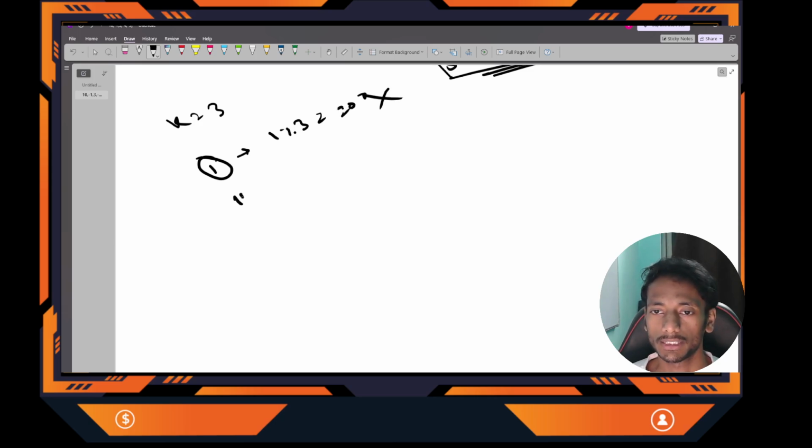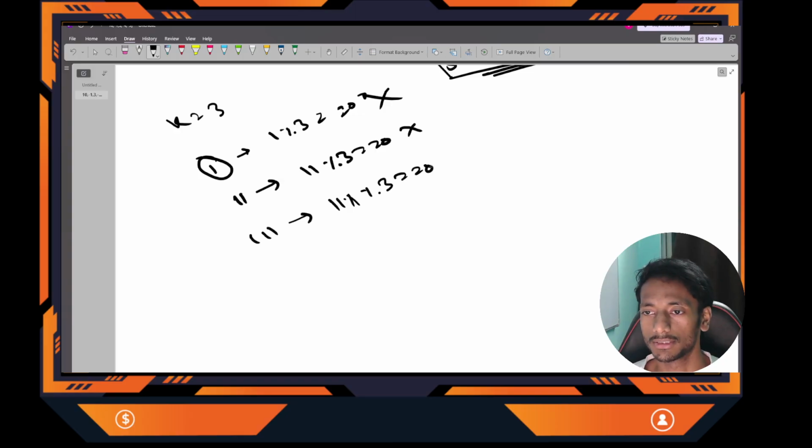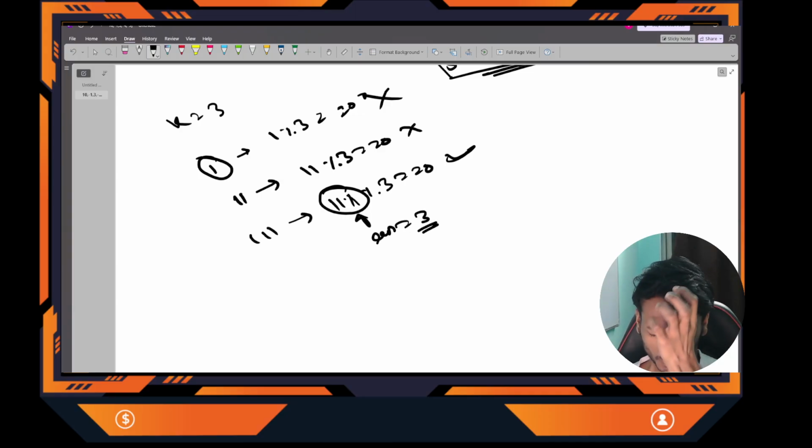No. The next smallest number is 11. 11 modulo 3 is not 0. No. The next smallest number is 111. 111 modulo 3 is 0. Yes, so this is our number. The length is 3. Clear?